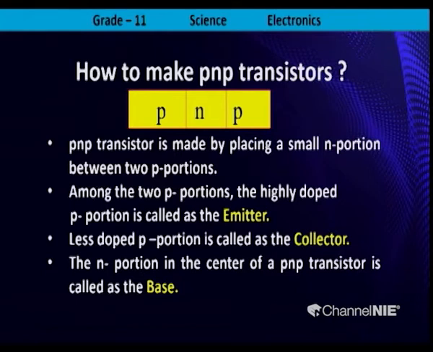You can remember p-type semiconductors and n-type semiconductors are made by doping. So, the highly doped p portion is called as emitter. The less doped p portion is called as collector. Then the n portion in the center of the PNP transistor is called as the base.